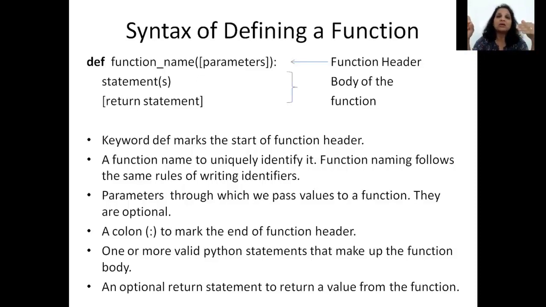Square brackets here mean optional. You are not going to write the square brackets when you write the return statement. They only tell you that it is optional, meaning you may or may not return an answer. That depends on the function's task. Does it have an answer, or does it have to just display something?